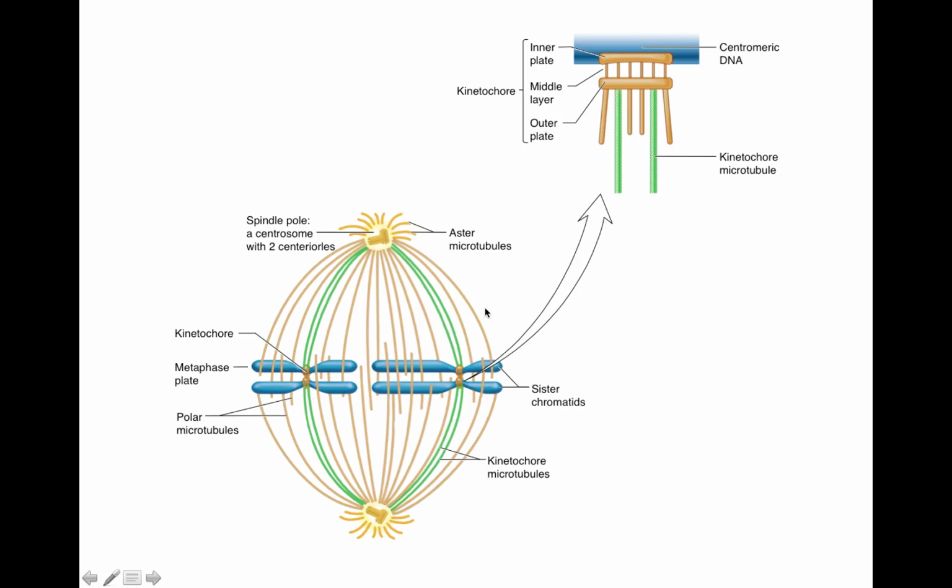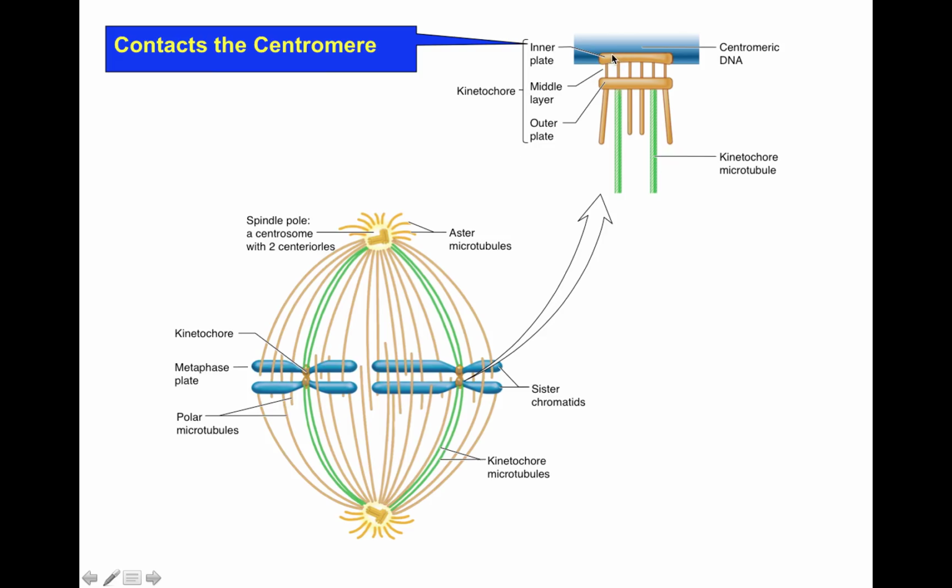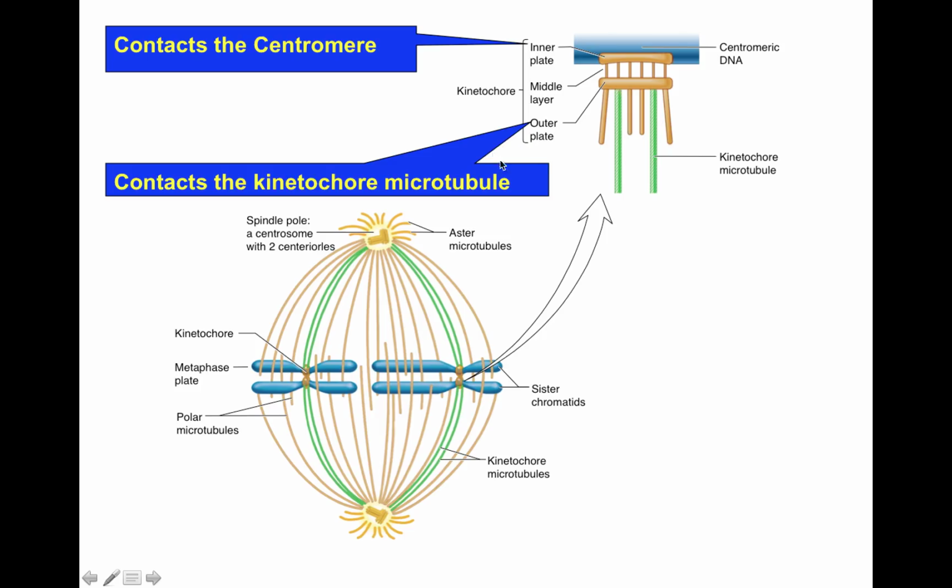Kinetochores are responsible for attaching to microtubules and pulling the sister chromatids apart, one to each pole. So the inner plate contacts the centromeric DNA, the outer plate contacts the kinetochore microtubule, and the middle layer contacts the other two. Okay.